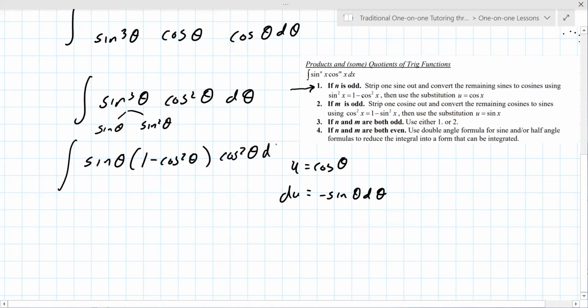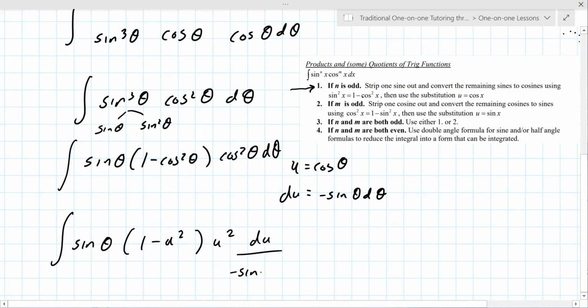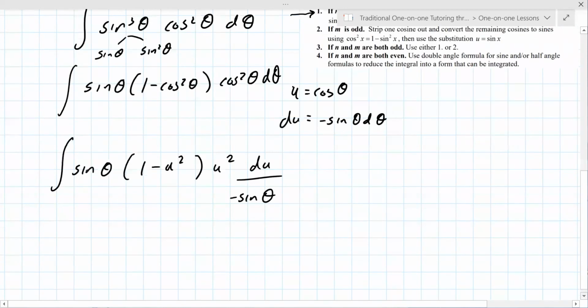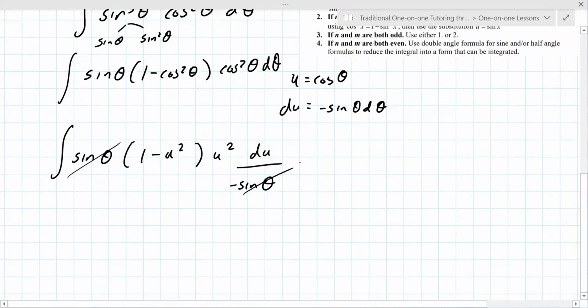So now you can substitute in. This becomes the integral of sine theta times 1 minus u squared times u squared, because that's squared, okay? And then your d theta is du over minus sine theta. So see how those cancel? Why did it go under?